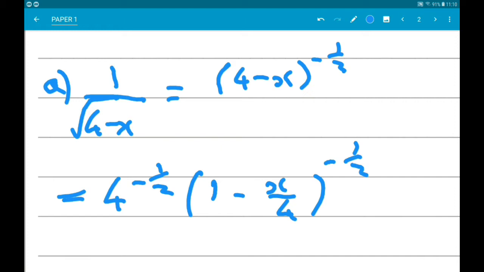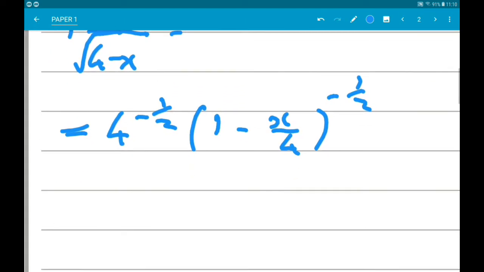Okay, so this is then approximately, because we're only getting 3 terms, now, our first term is nice, it's 1. Now the second term is the power times the x term, so we have minus 1/2 times minus x over 4, so that's positive x over 8.